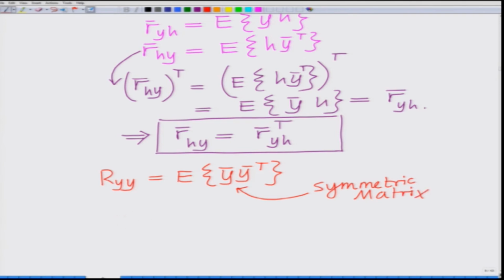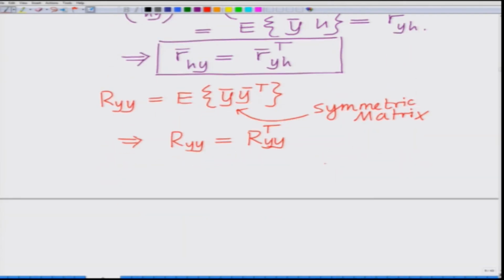This implies R_YY equals R_YY transpose, since it is symmetric, and naturally if the matrix is symmetric, its inverse is also symmetric.